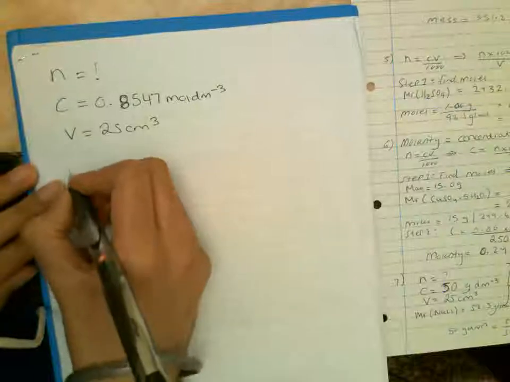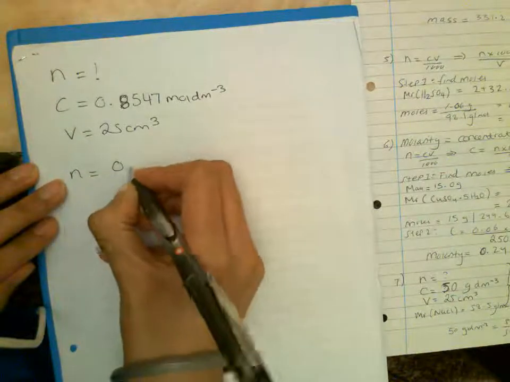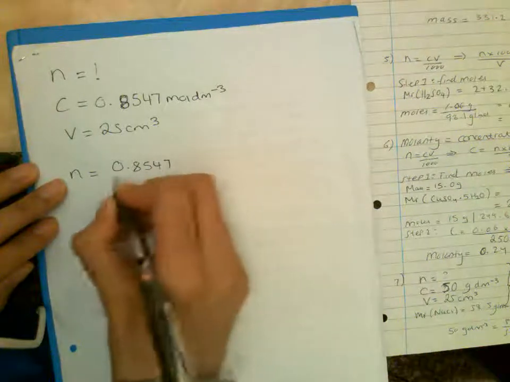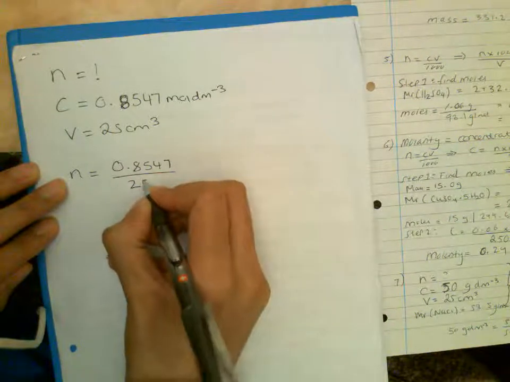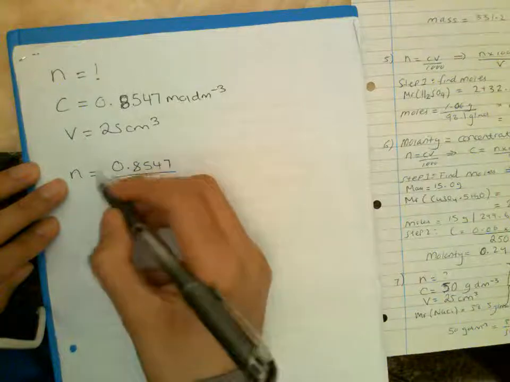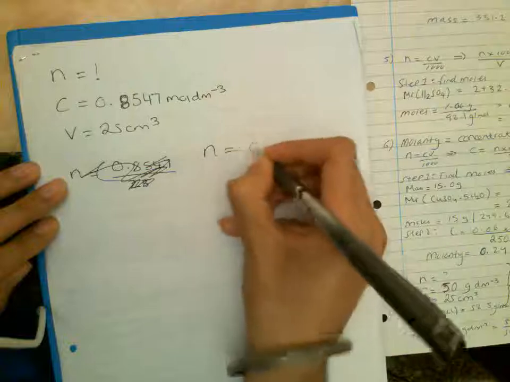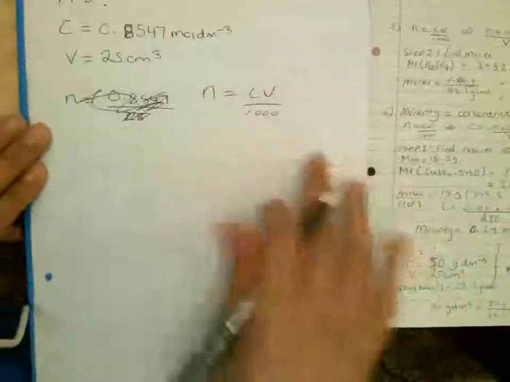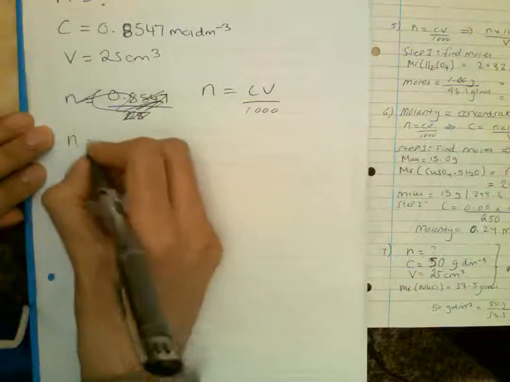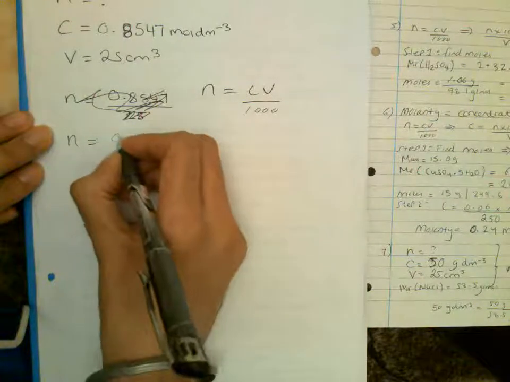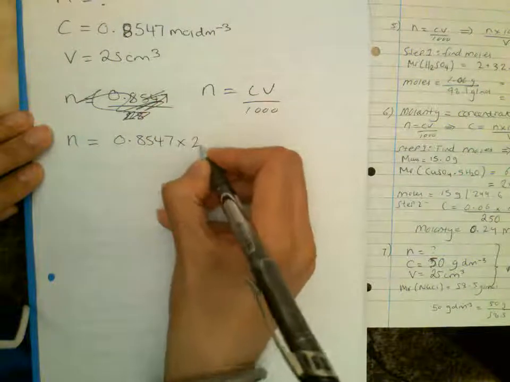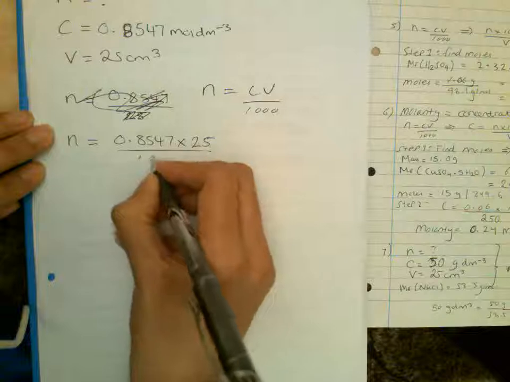So N is equal to concentration times volume, so N equals CV over 1,000. See, even the best of us can make mistakes. Everyone can make mistakes when it comes to this. N equals concentration, which is 0.8547, times the volume, which is 25 centimeters cubed, all over 1,000.